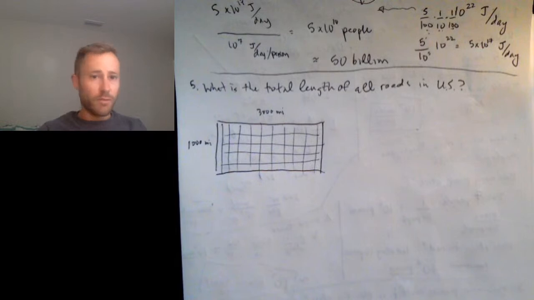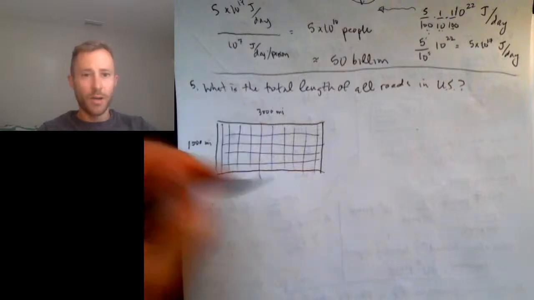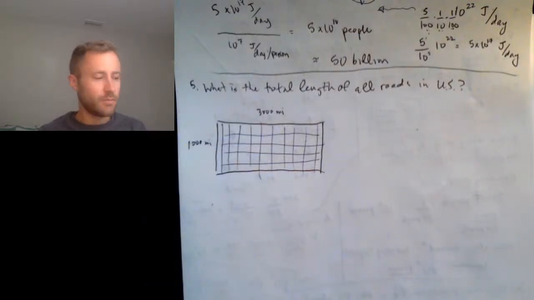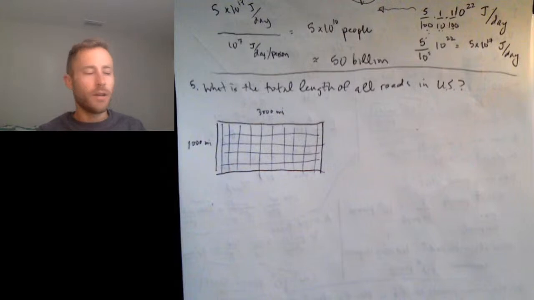I would say it's about every quarter mile there's a road in a city. So again, for the moment I'm assuming that it's completely crisscrossing, but we're going to reduce that in a second. And so I would say about every quarter mile there is a road.